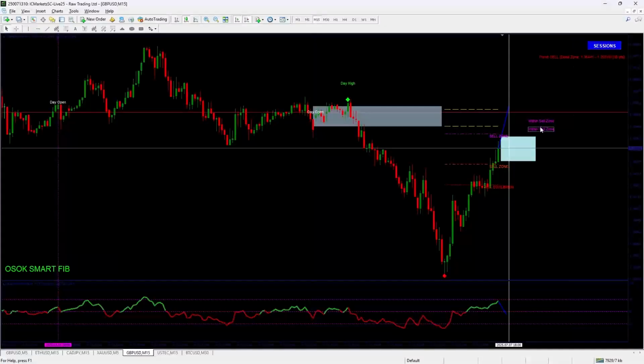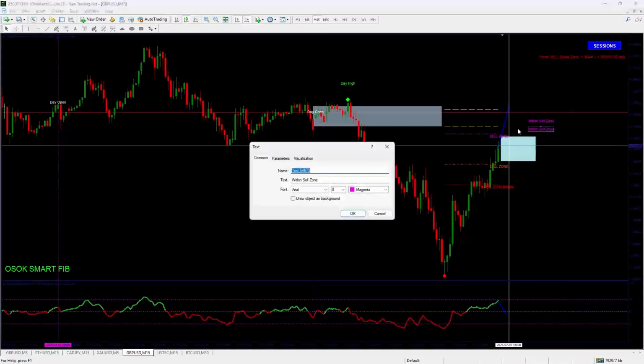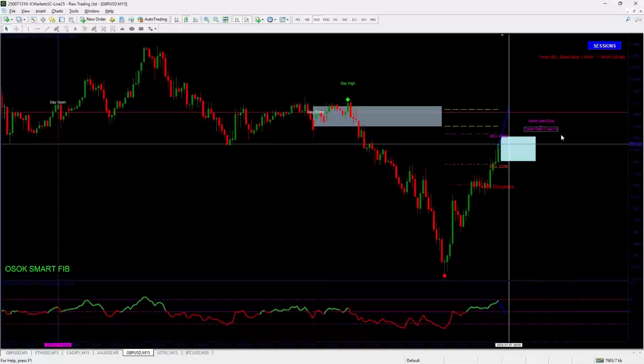Then number 2, I'm going to say the trade filter cross 50. So cross 50 from above or below, we need these two conditions to be met in order for you to take a trade.